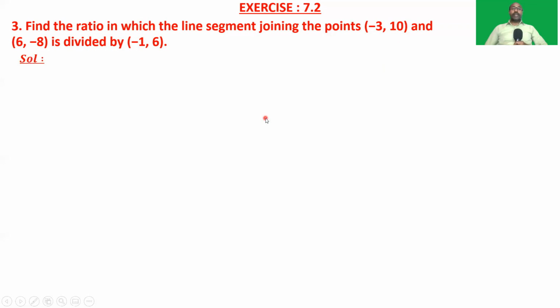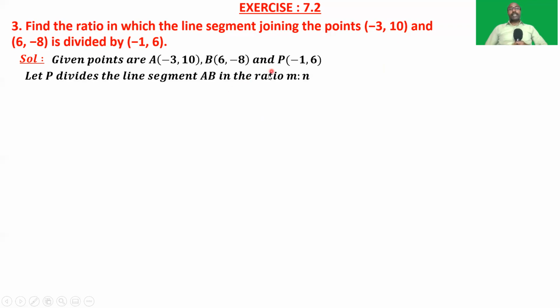So the given points are A -3 comma 10, B 6 comma -8, and the dividing point P is -1 comma 6. So let P divide the line segment AB in the ratio m is to n. We are assuming that P is dividing the line segment AB in the ratio m is to n.